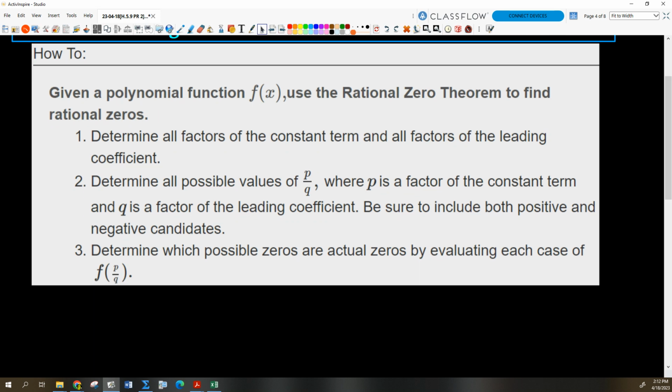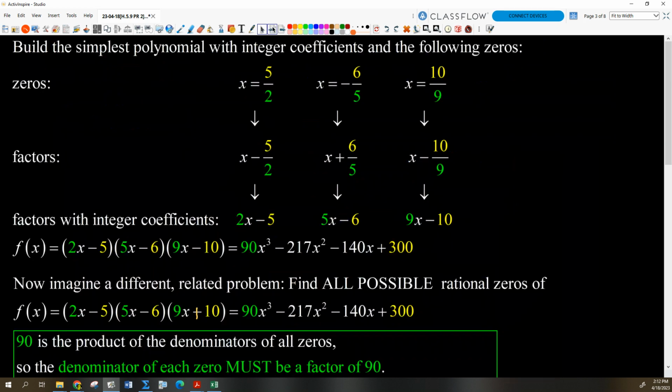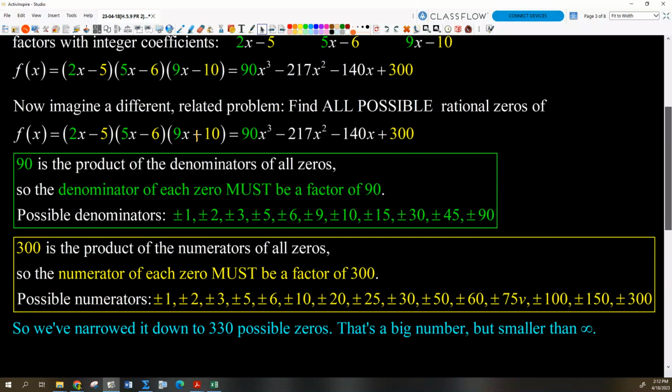So how would we use the rational root theorem to find rational zeros? Well, we would determine all the factors of the constant and the factors of the leading coefficient. We'd write all the possible fractions we could build from those. And notice that the list would be a little bit shorter than we said, because some of these fractions are going to simplify to the same thing.